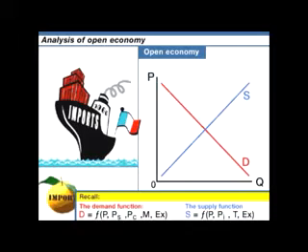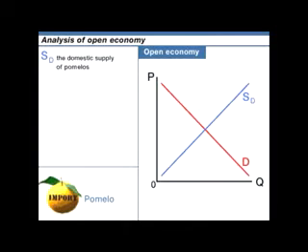This curve tells you at each price for pomelos how many of them are actually produced by farmers in France itself. This supply curve refers to the supply of pomelos domestically. So I'll go ahead and put a little sub D in my diagram to remind me that this is the supply of domestic farmers. The demand curve is the demand for pomelos domestically. So I'll put a little d here to remind me that these are the people in the market itself, in France, who want to buy different quantities of pomelos at different prices.